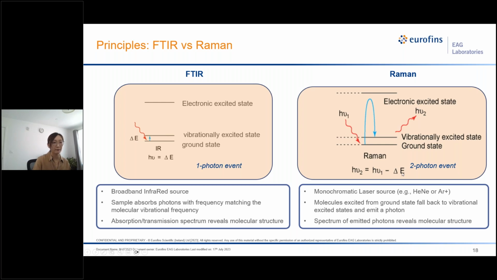This frequency shift in the scattered photon compared to the incident photon is what we call the Raman shift, which carries important information regarding the molecular structure of the sample. So by comparison, it is clear to see that FTIR is based on light absorption, whereas Raman is based on light scattering.